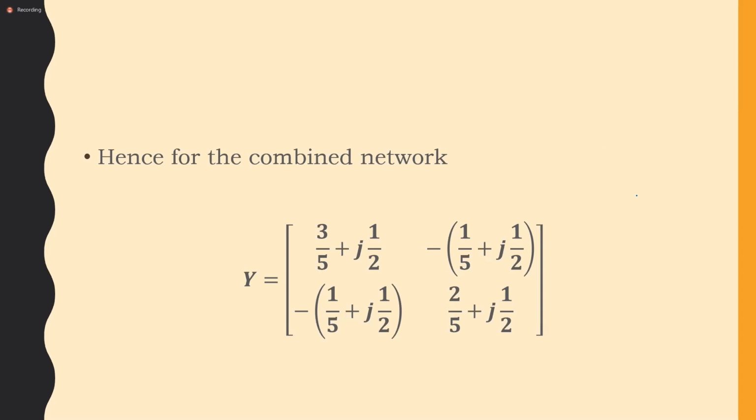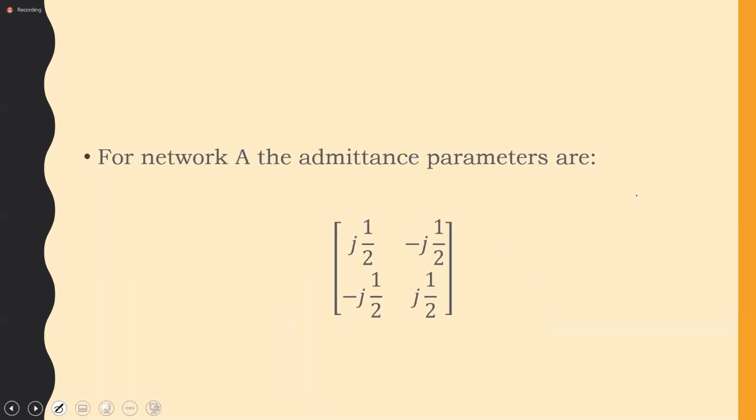Sir, for Y11, G over a half. Why is that positive, sir? That's for network A?